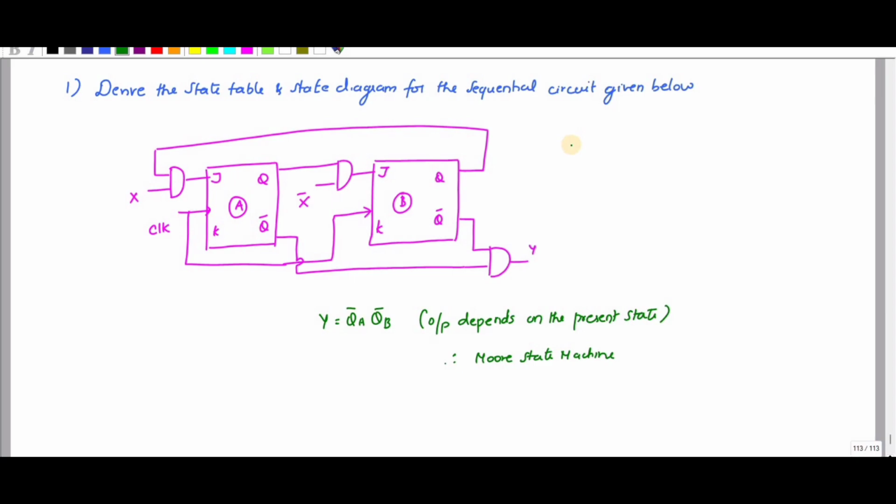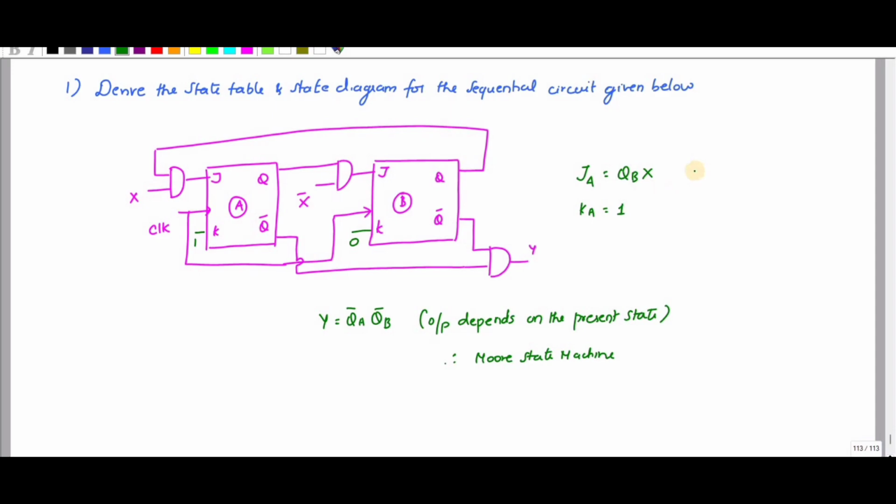So what is the value of JA? JA is equal to QB into X. What is KA?